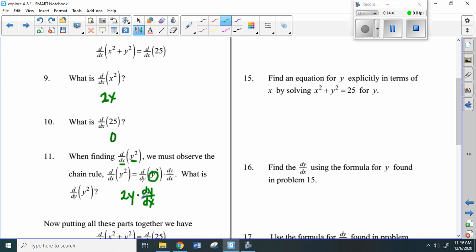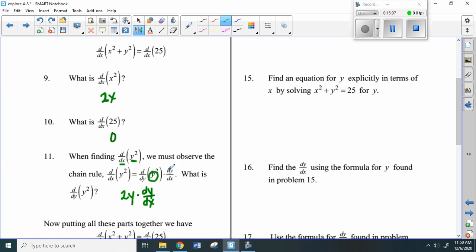All right, so what I'm saying here is anytime you take the derivative of a variable that is not x, you take the derivative like normal, power rule, product rule, whatever it requires. But then you have to multiply by the chain part, which is the derivative of the variable you're working with with respect to x.